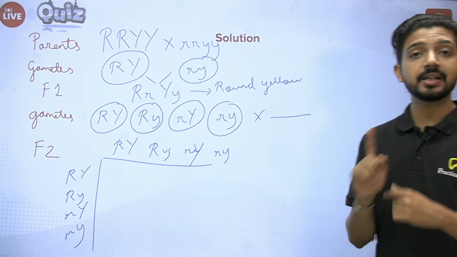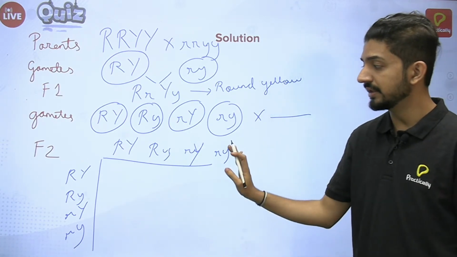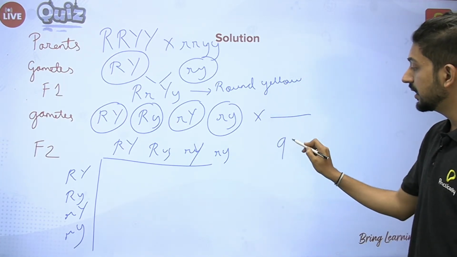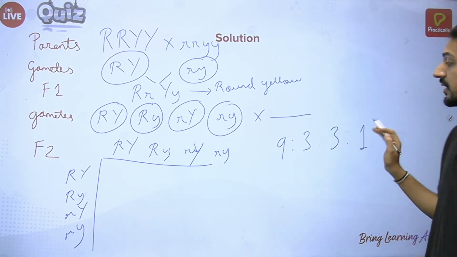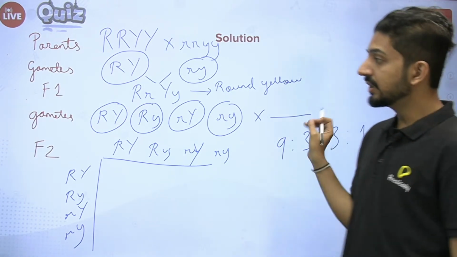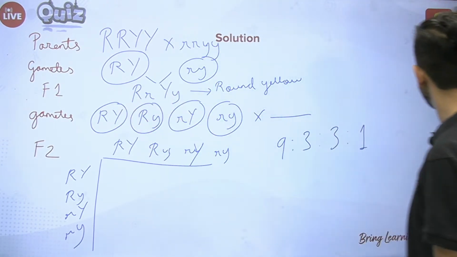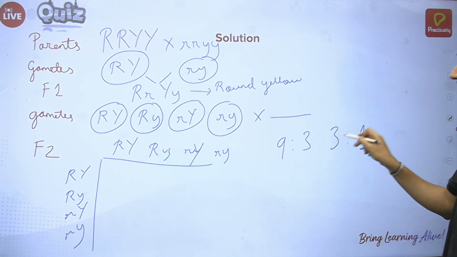Since we have studied Mendel's dihybrid cross, the ratio which we are going to get after solving this is 9:3:3:1. This is the fixed ratio which we get in Mendel's dihybrid cross, okay? Now tell me what is 9 over here and what is 3, 3 and 1.